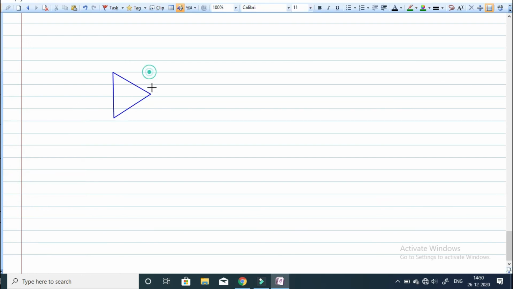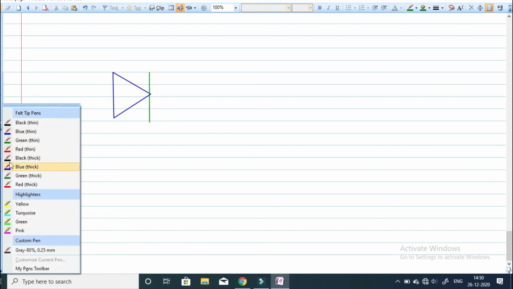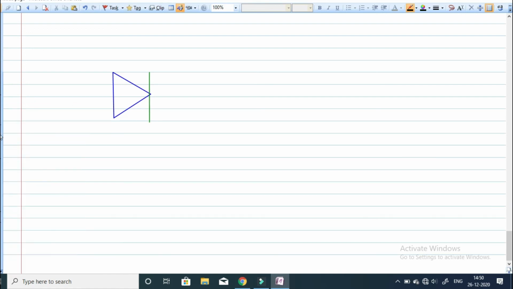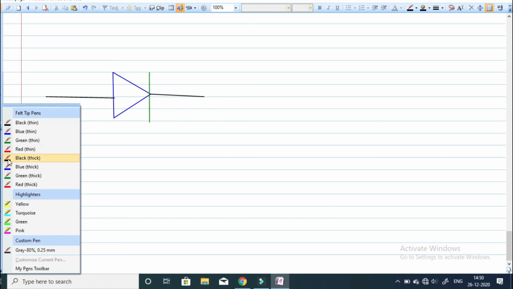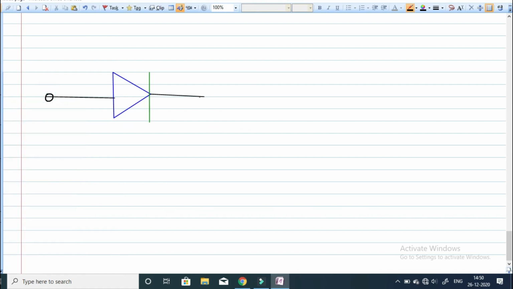This is your diode, basically a PN junction diode. It is a two terminal device. This is your first terminal, and the second terminal. This is our cathode and this is our anode.